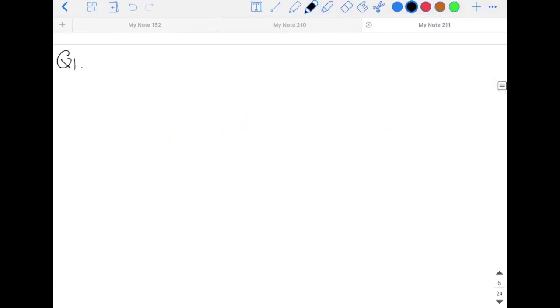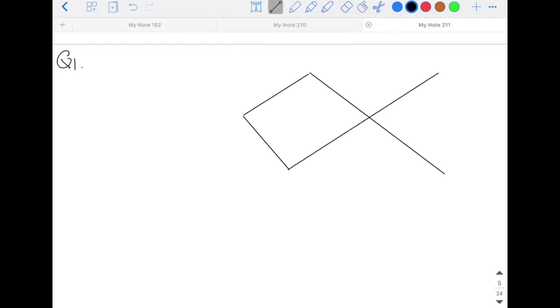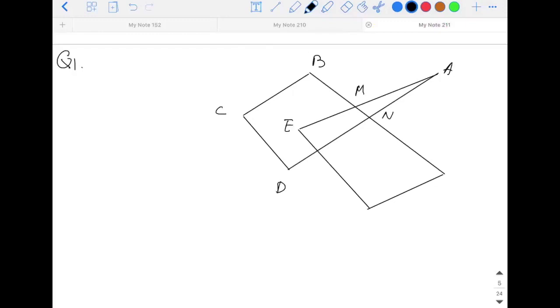Question number 1. I need to draw the graph here. The question says I have a weird shape, A, B, C, D, E, M, N, F, G. I have a lot of angles.